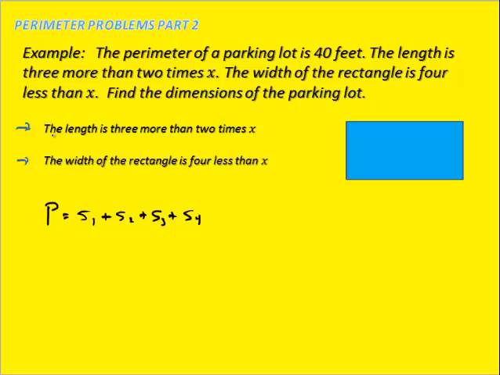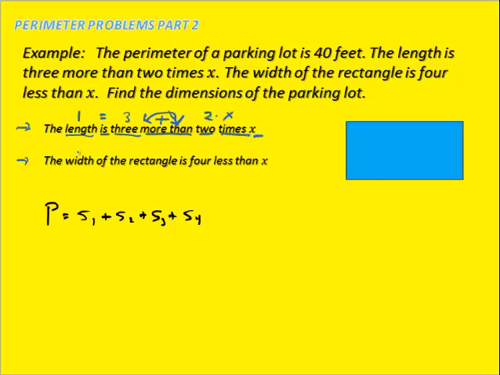First of all, it says the length, so I'm just going to let length be L. Is means equals. 3 more than, remember, more than means addition, but it also means we have to switch. 2 times x, 2 times my x.